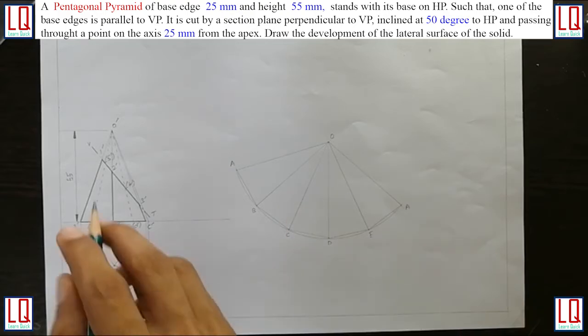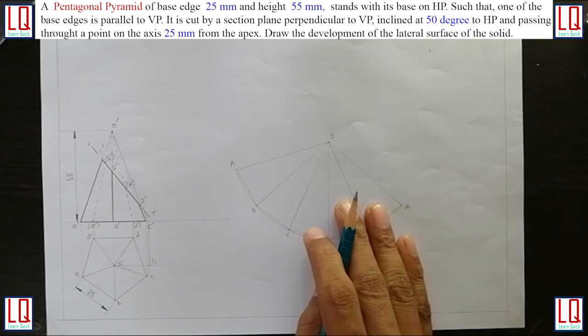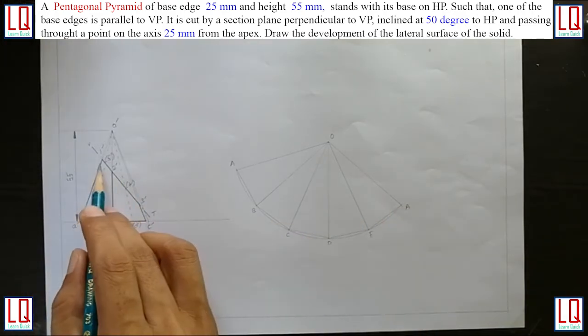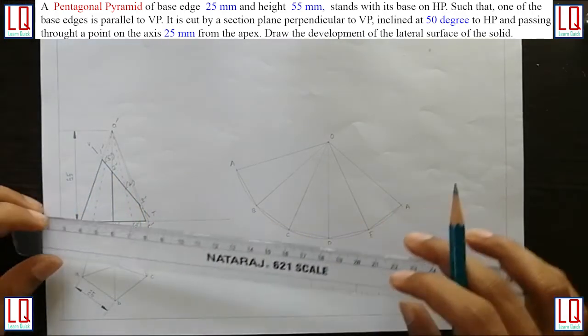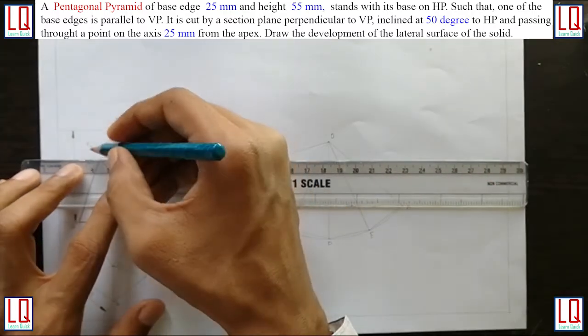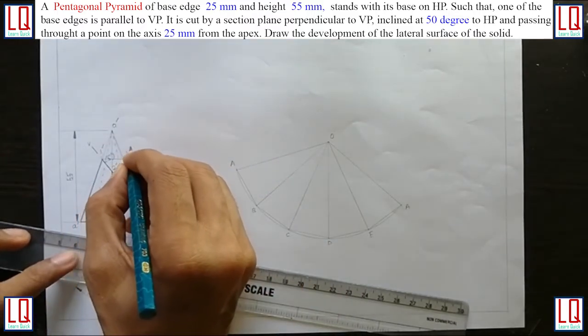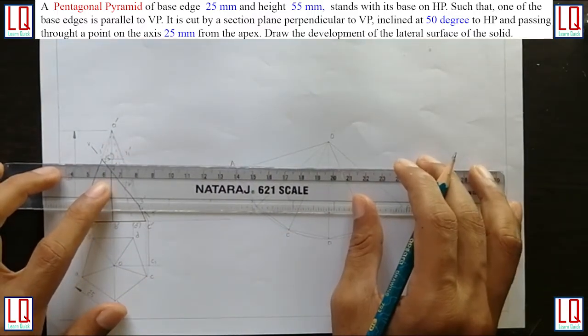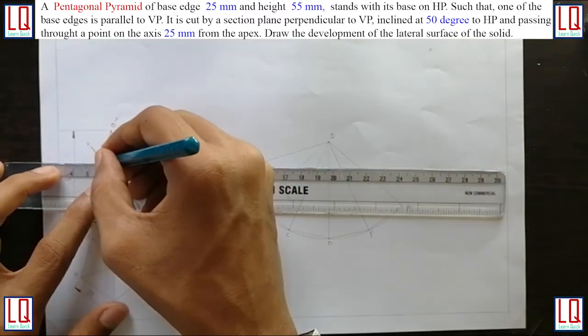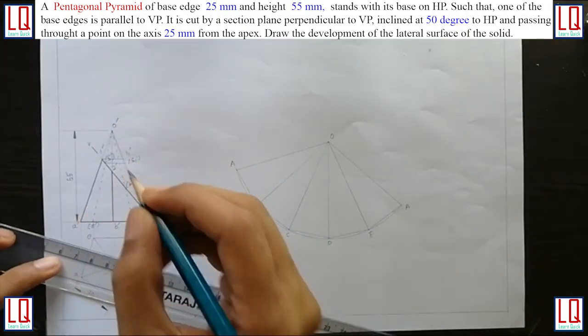Now we will carry over all the cutting points from the sectional front view to the development. Before doing that, I need to bring all the cutting points to the true slant length. First we will bring 1 dash to the true slant length, and this point becomes 1 1 dash. Then we bring 5 dash, which is 5 1 dash.